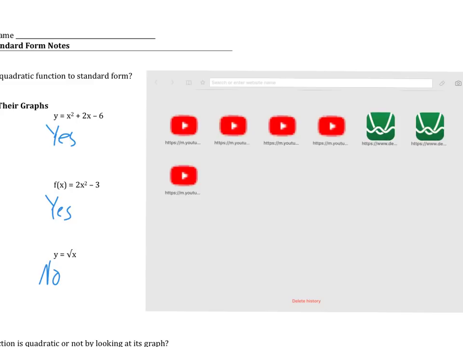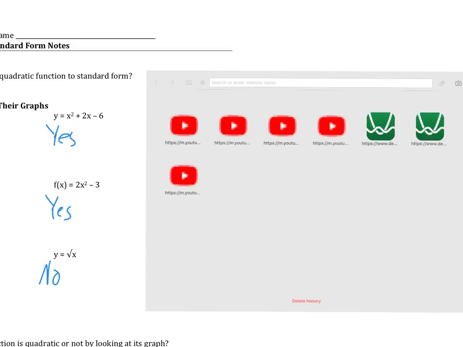And then the square root of x. So as we can see here, our first two, we have yeses on them. We have our exponents that are 2's, and our graph has that parabola shape that we've been talking about. And so those are yes.